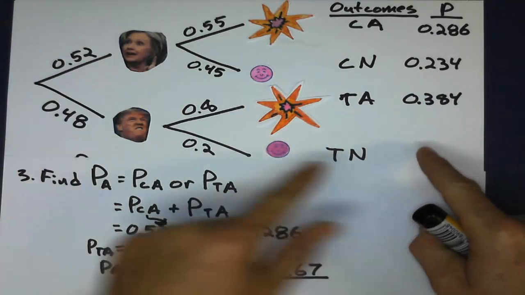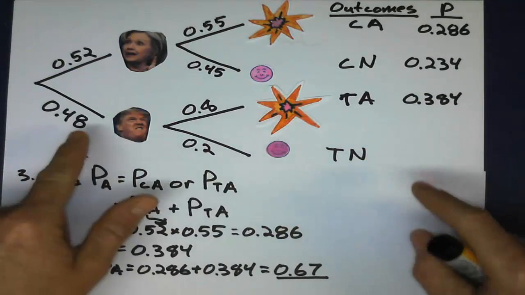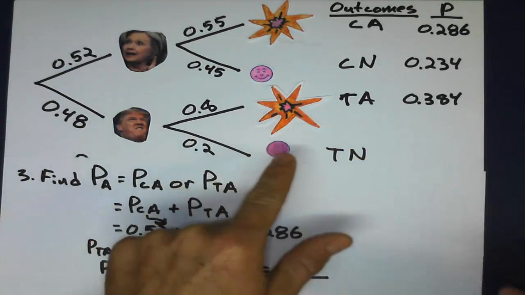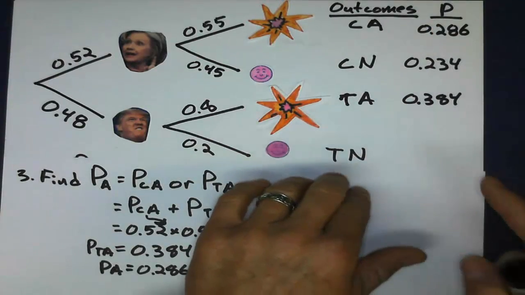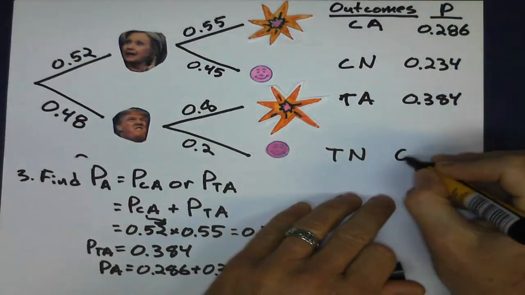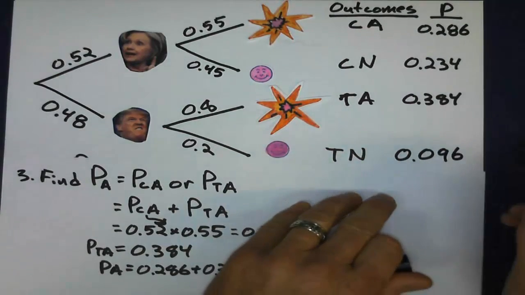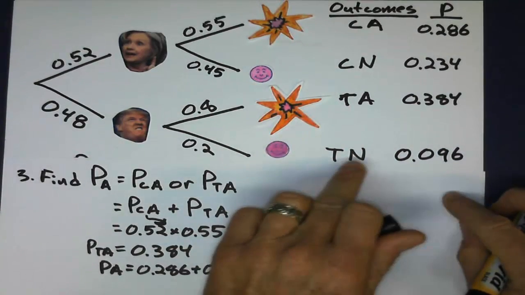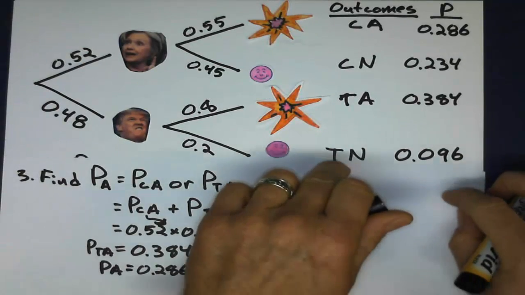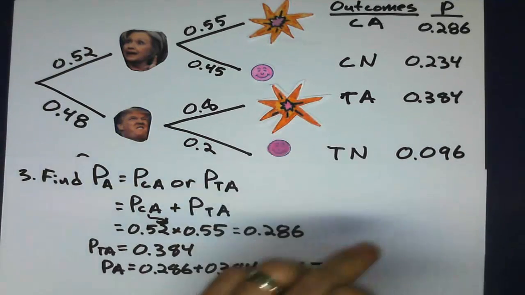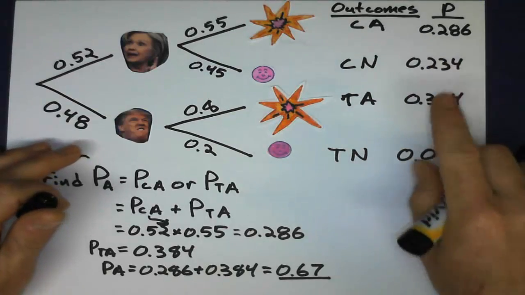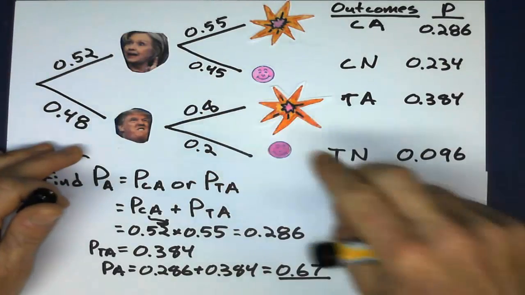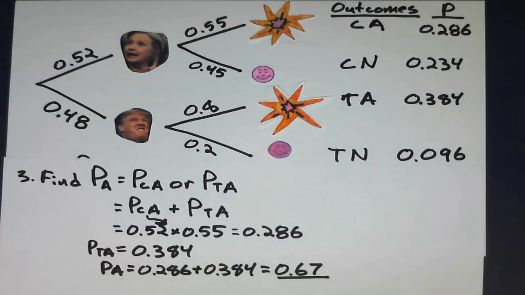I could multiply along the branches, 0.48 times 0.2, or I could add these up and subtract them from 1. Either way, I get 0.096 for the probability of that outcome. So we've got 4 outcomes, 4 probabilities. These probabilities add to 1. These complementary events add to 1 as well, and that's just the beginning, part 1. More to come.